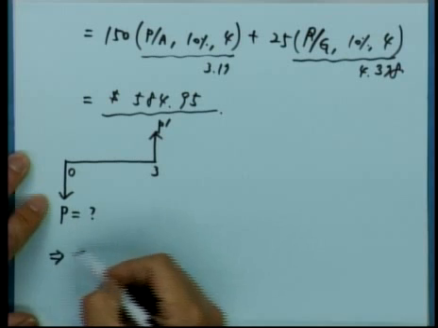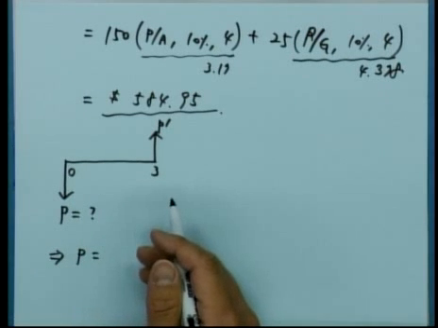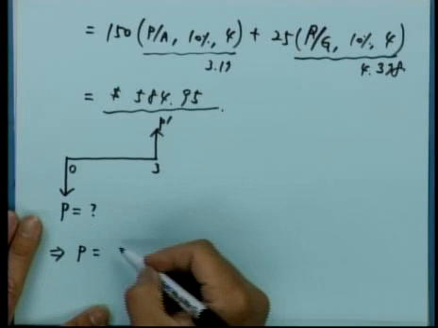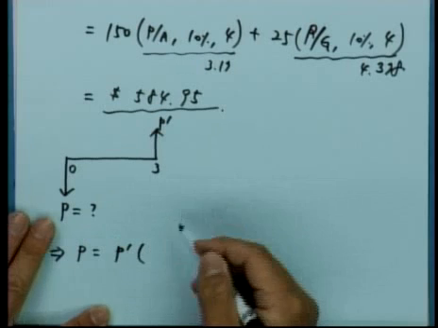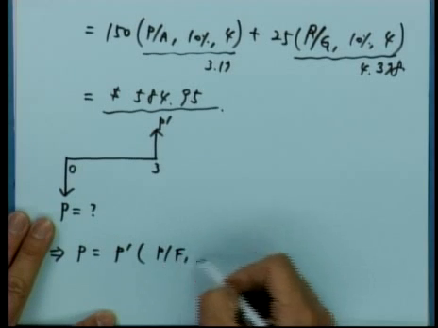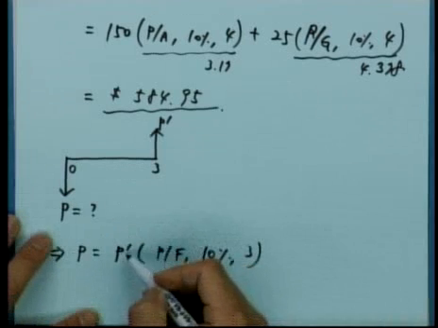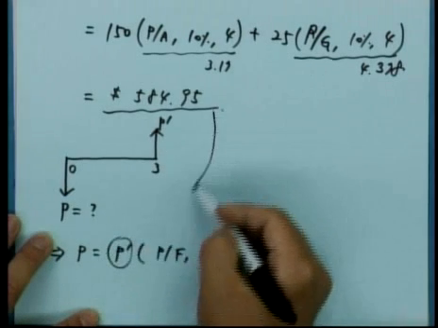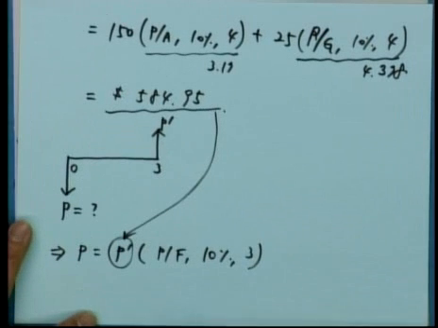So it's going to be P equals P prime times P given F, 10% over 3 periods, right? And P prime is this value, right? $584.95.